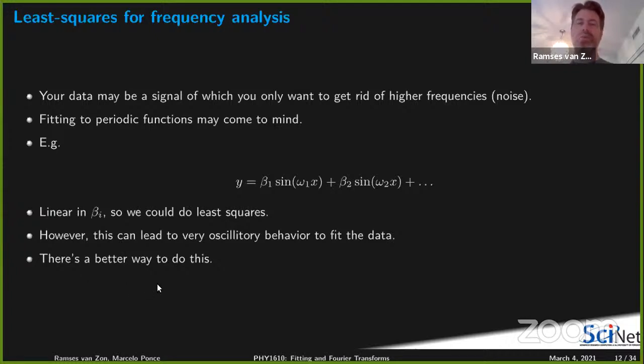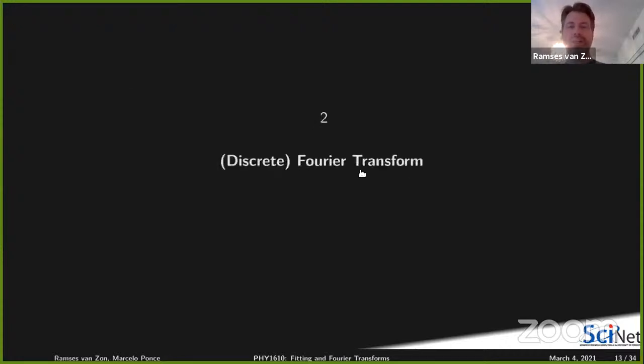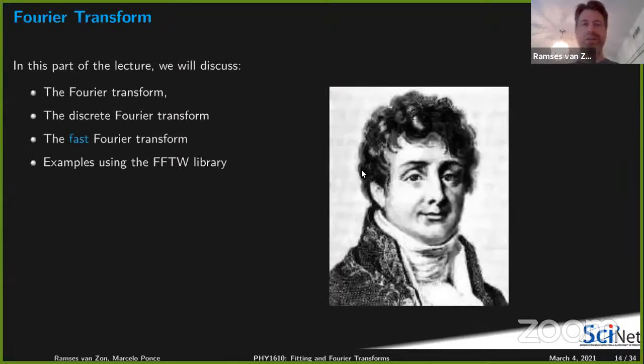So there's a better way to do essentially frequency analysis of time signals, or a wave vector analysis of waves, and that actually goes by Fourier transforms. So Fourier transforms can be seen in a few different ways. Let's just go to the more general form of the Fourier transform here.